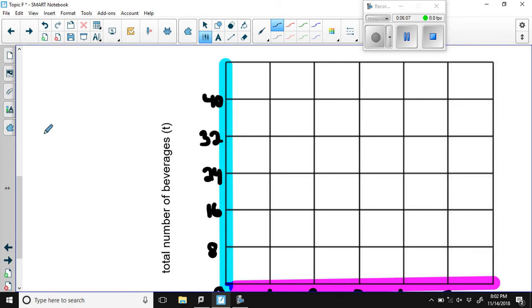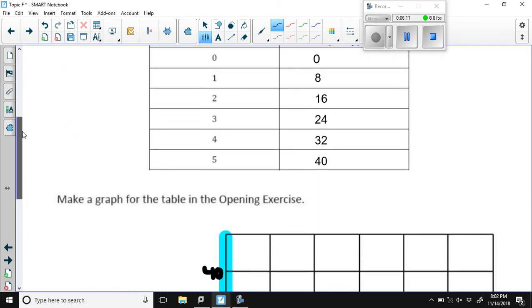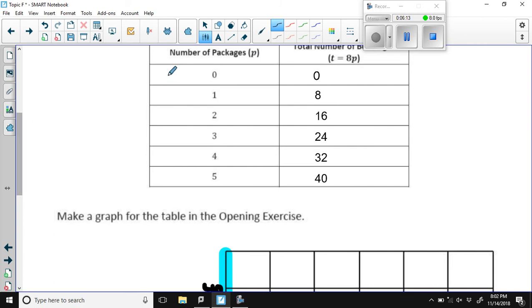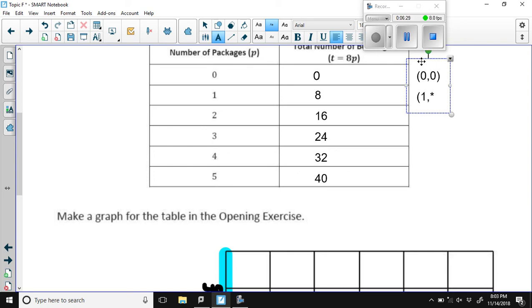Okay, so the last thing I need to do is plot my points. So I have to go back up to my table. This first point that I'm going to plot is going to be 0, 0. 0 packages, 0 beverages. The next point is going to be 1 package, 8 beverages, or 1, 8.